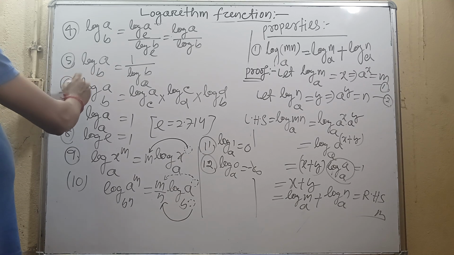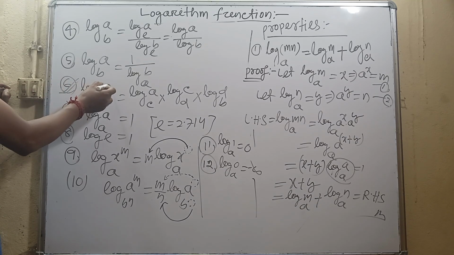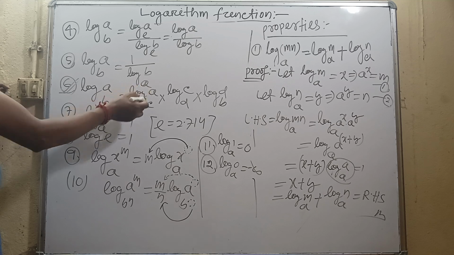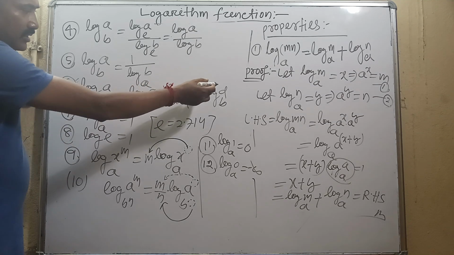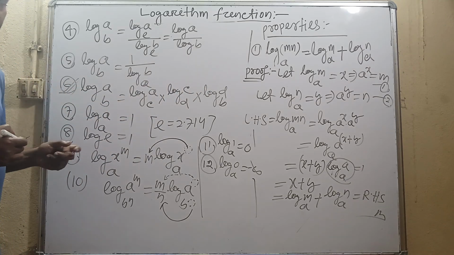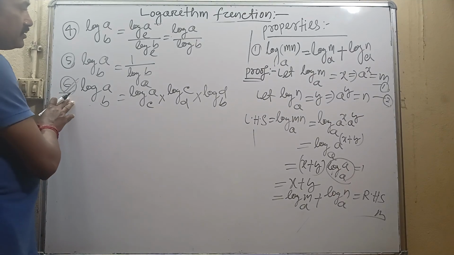Number 6. Then prove number 6, which is very simple: log a base b equals log a base c into log c base d into log d base b. Prove property number 6.